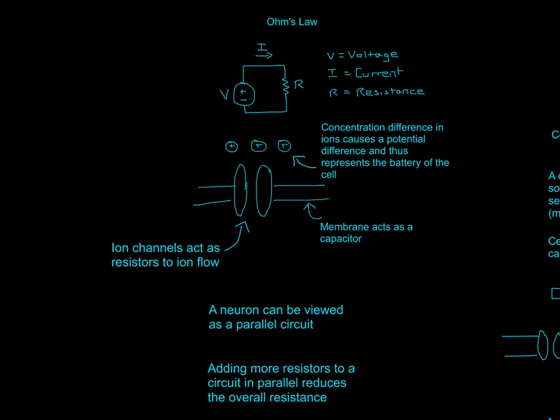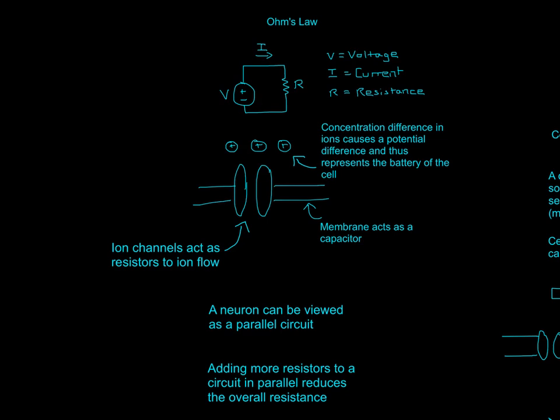Now you can look at a neuron as the case of a parallel circuit. I know this is a series circuit, but you can look at it as a parallel circuit. So, for example, the concentration difference in ions causes the potential difference and thus represents the battery of the cell. You have a bunch of ions, for example, sodium once again, right?